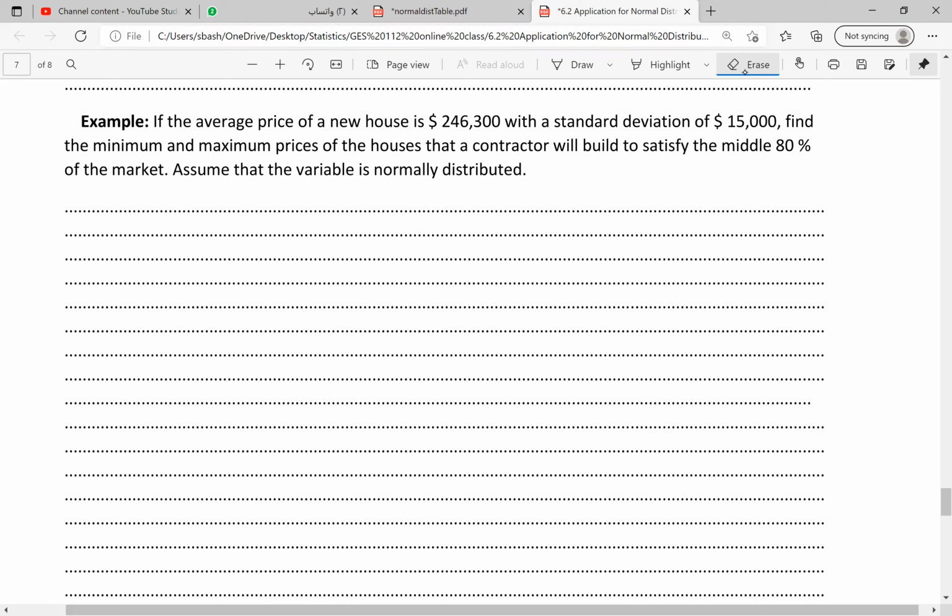So in this question, this is the key of the problem. See that we need to satisfy the middle 80%. 80% of the normal distribution, we just think about it.